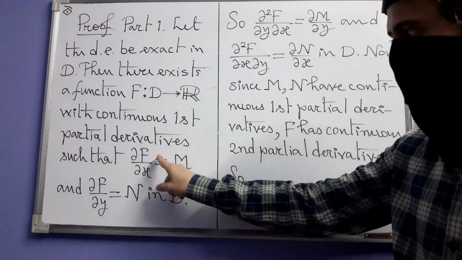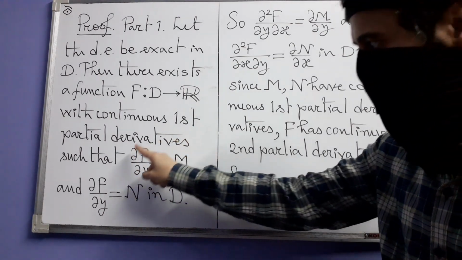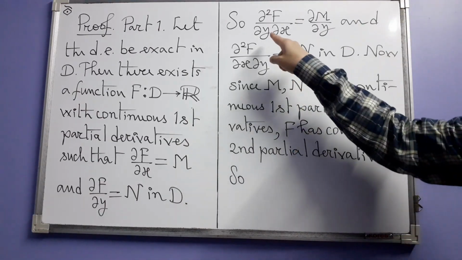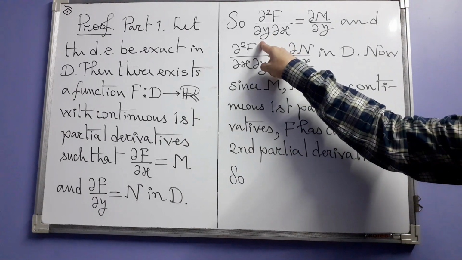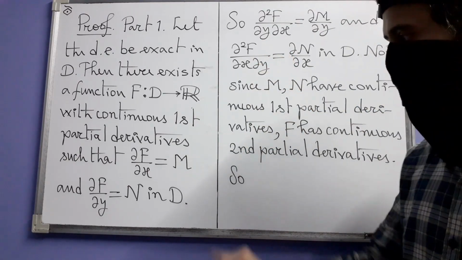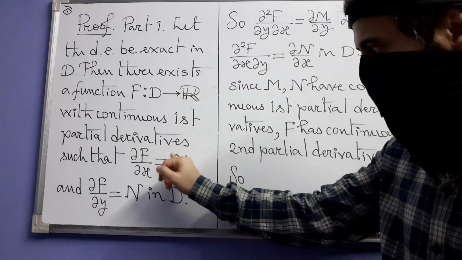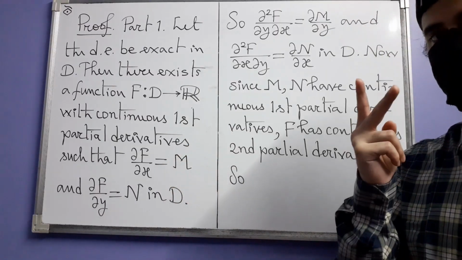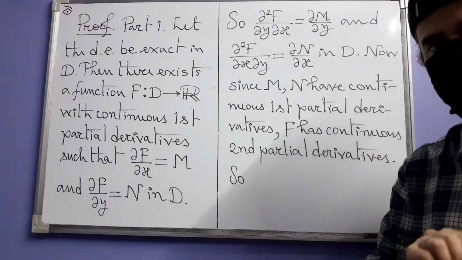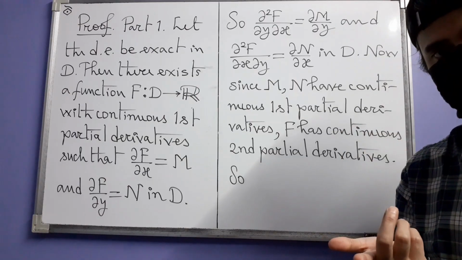Now you can differentiate both sides of this first equation again, partially with respect to y. What allows you to do so? Recall that it was given that M itself has two first partial derivatives which not only exist but are continuous also.